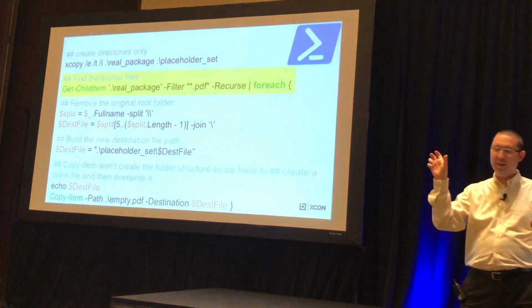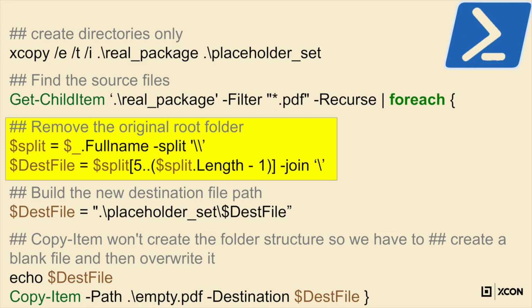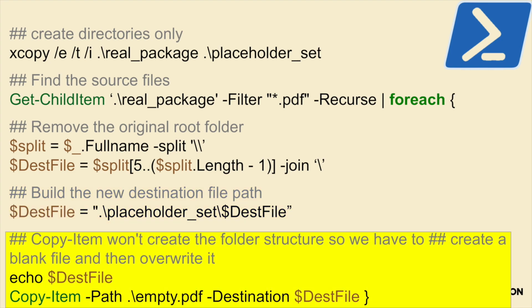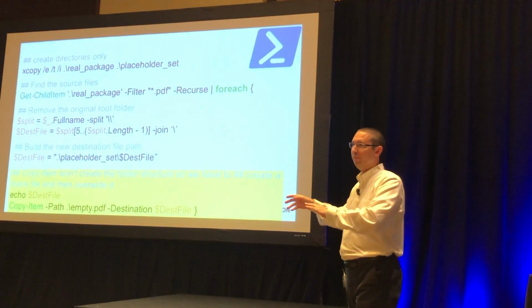And once it gets the file, it gets the file name, the full path, and then the next part just chops off the beginning, gets rid of the real folder part, and adds the placeholder part at the beginning. So now I've got the same file name and the same relative location, but now for the placeholder set. And the next part just copies the empty PDF to that location with that name.